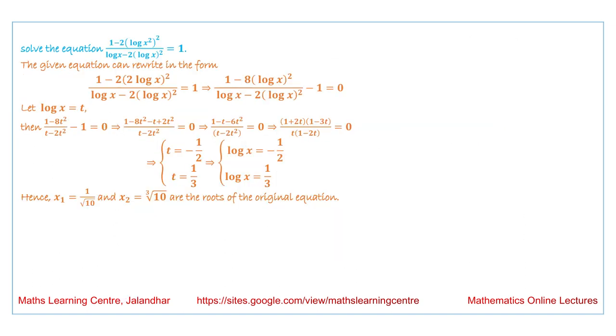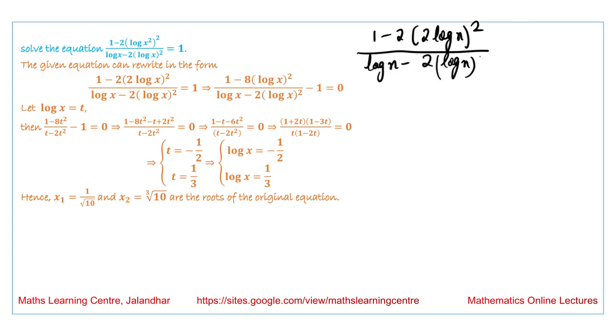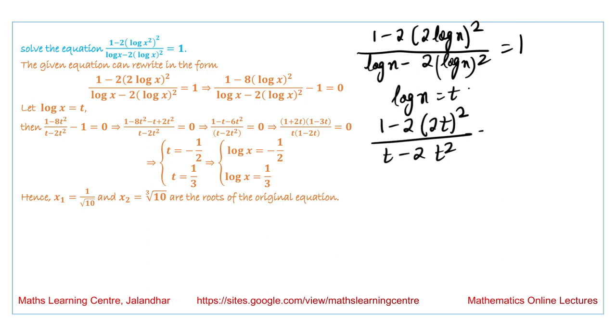Next is 1 minus 2 log x whole square divided by log x minus 2 log x whole square is equal to 1. Now if we substitute log x is equal to t, this equation becomes 1 minus 2 into 2t square divided by t minus 2t square is equal to 1.